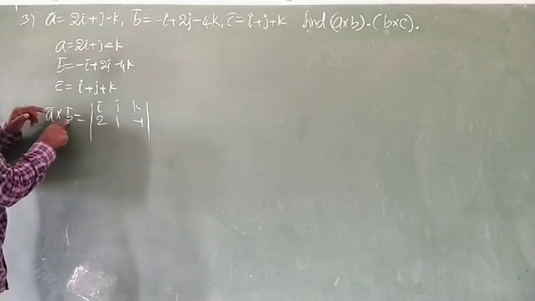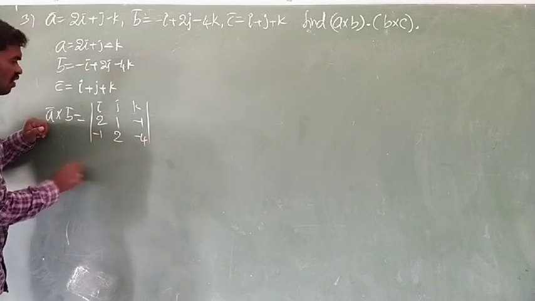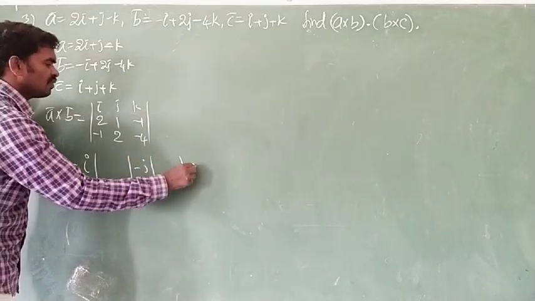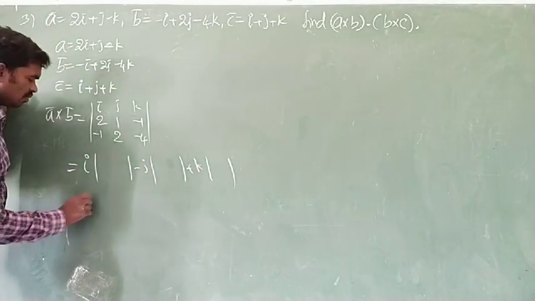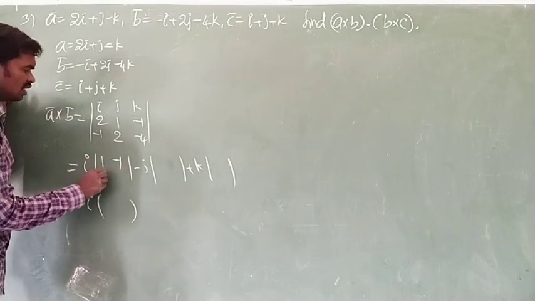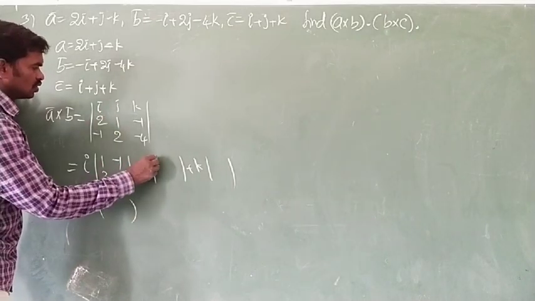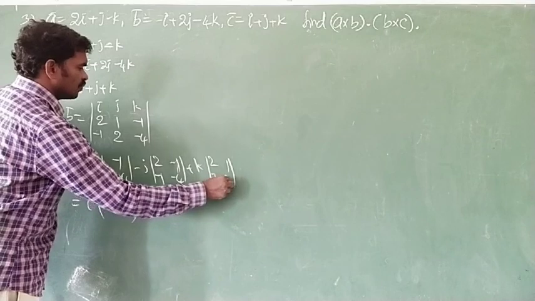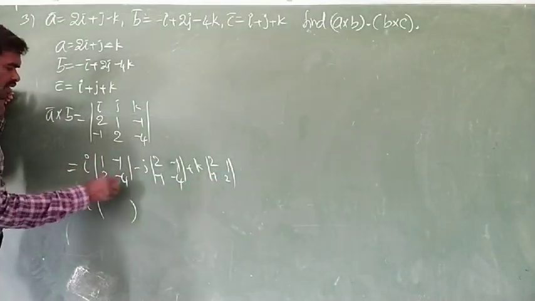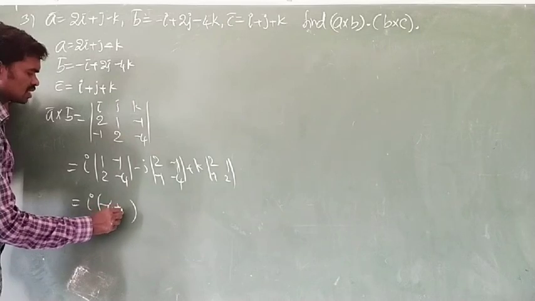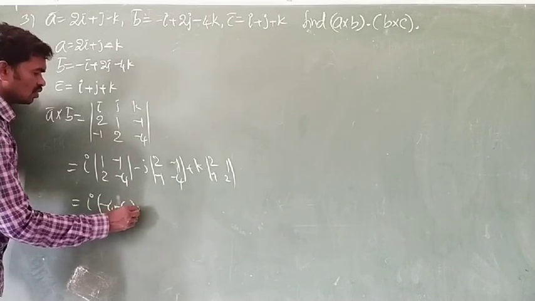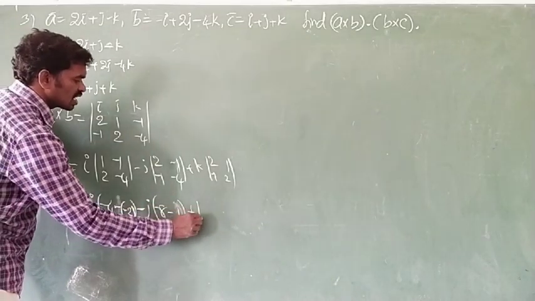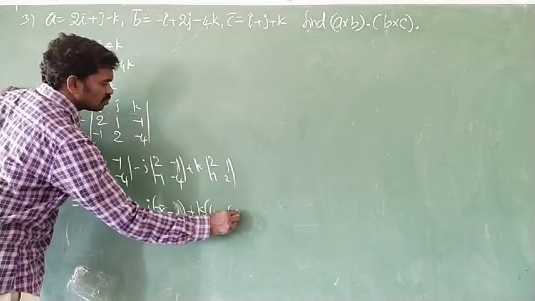B elements: minus 1, 2, minus 4. So i into (1 into minus 4 minus minus 1 into 2), minus j into (2 into minus 4 minus minus 1 into minus 1), plus k into (2 into 2 minus 1 into minus 1).